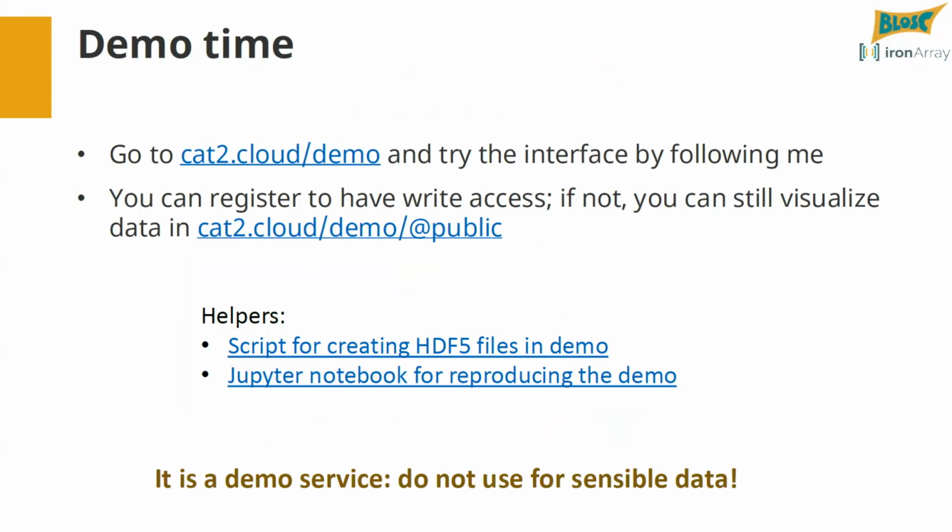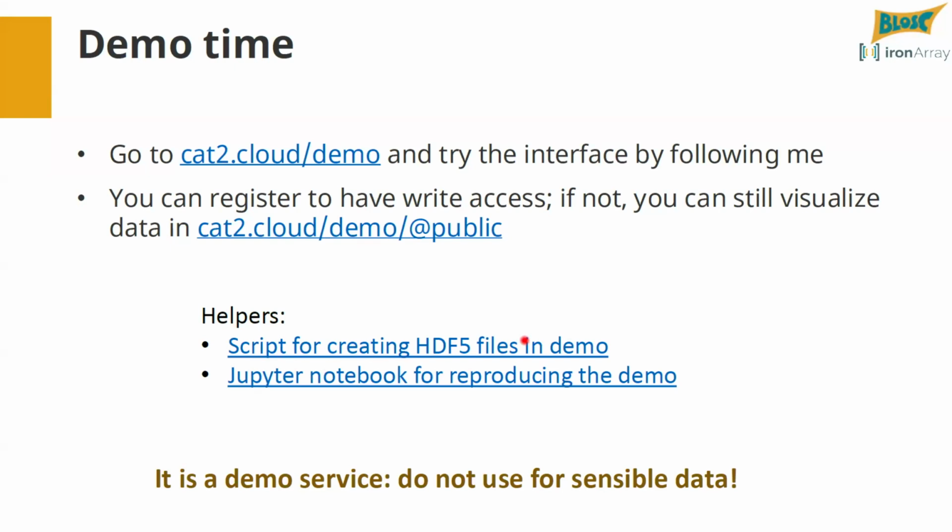The interactive demonstration started here, but you can try going to cat2.cloud/demo, and there will be an interactive web service there, and you can follow the following explanation. You can also register to have write access in order to do some practice as well. Here there are some helpers.